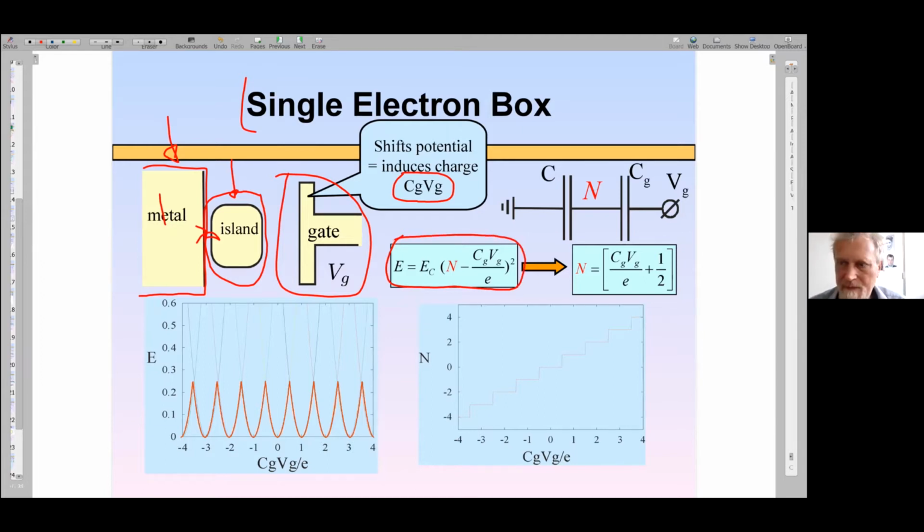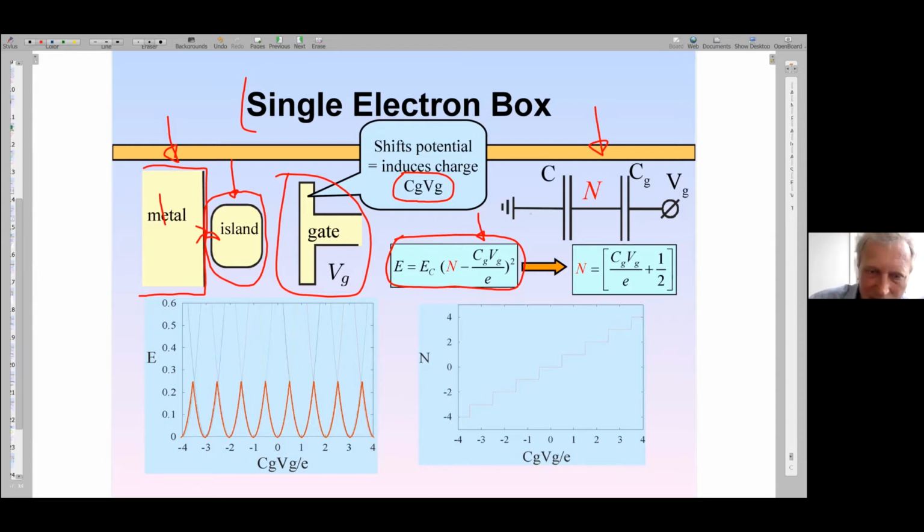So the charge stored in the island is always integer, while it wants to be equal to the continuous charge induced by the gate. One can compute this electrostatic energy, basically taking two capacitors, capacitance to the electrode, capacitance to the gate, and do algebra.